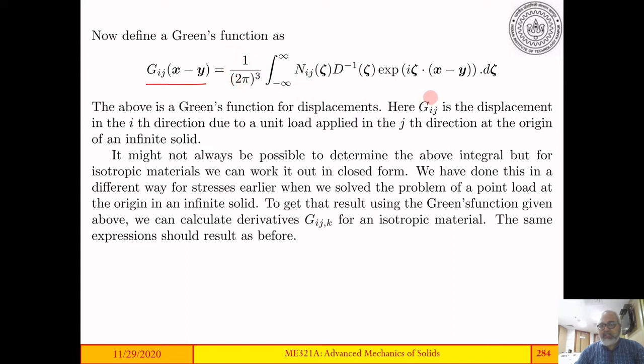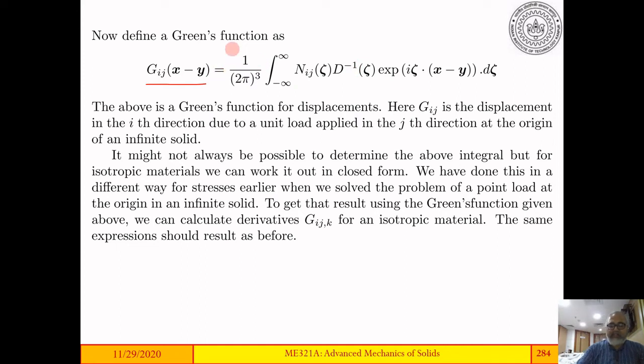So this whole thing is the Green's function, and if you can evaluate this integral, then you can get the displacement Green's function for this problem right away. You obviously need to formulate the cofactor matrix and the determinant for the material, but other than that, if you can evaluate this, you get the Green's function right away.